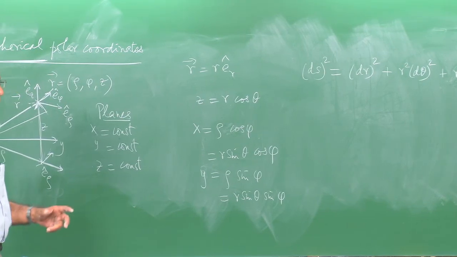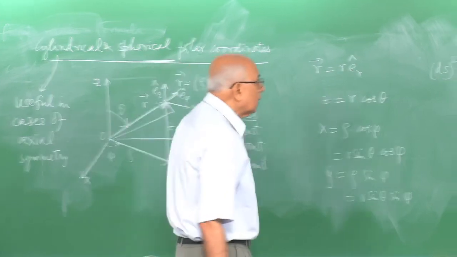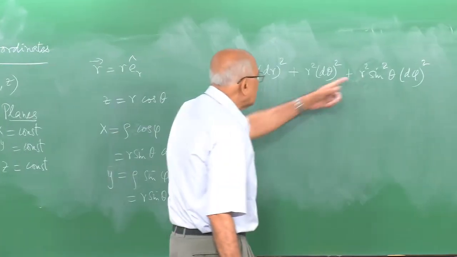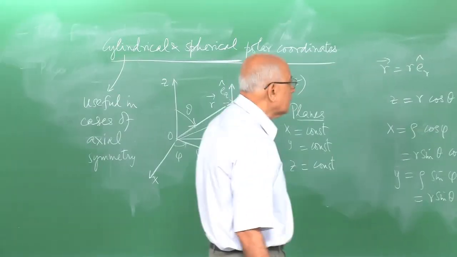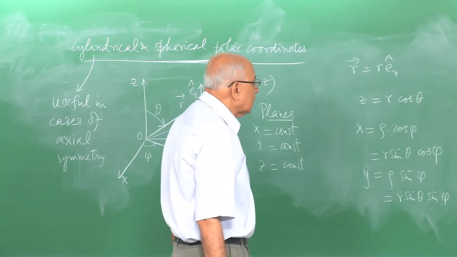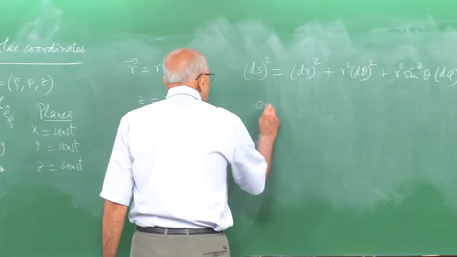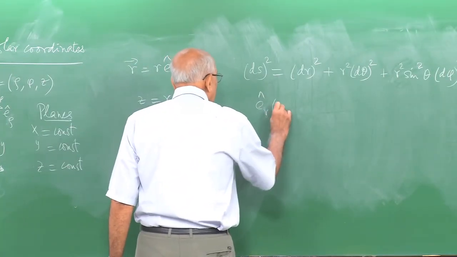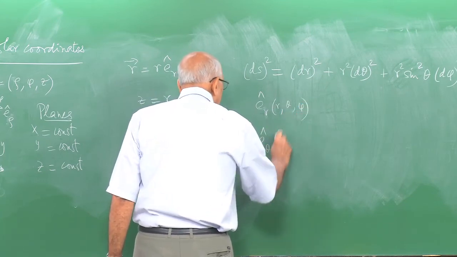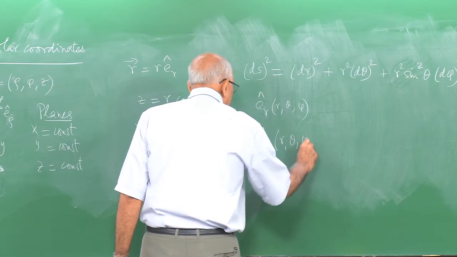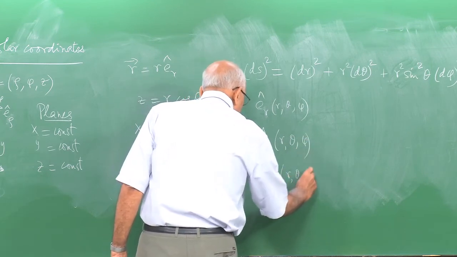We have already seen we have a triad E r, E theta and E phi, and together with this expression for the line element, this tells you all that you need to know about spherical polar coordinates. It's an interesting question to ask, what is the functional dependence of E r on the position r, theta, phi. Similarly, E theta on r, theta, phi, E phi on r, theta, phi.